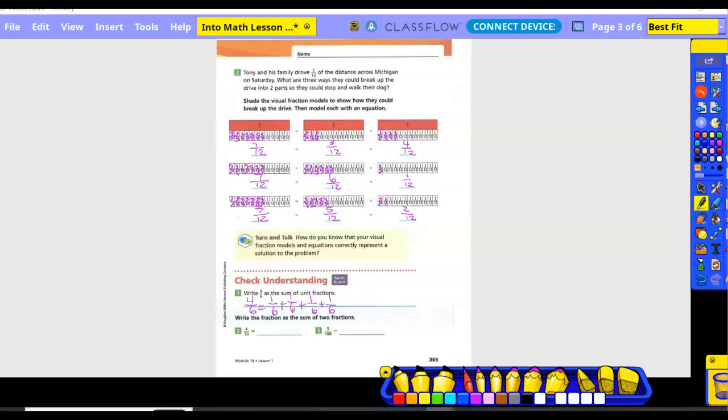Write the fraction as the sum of 2 fractions. So these 2 and 3 are kind of like number 2 up above, okay? So basically, what is a way I can break 4 apart? So 2/10 plus 2/10. If I would have had another student say 3/10 plus 1/10, would that be wrong?